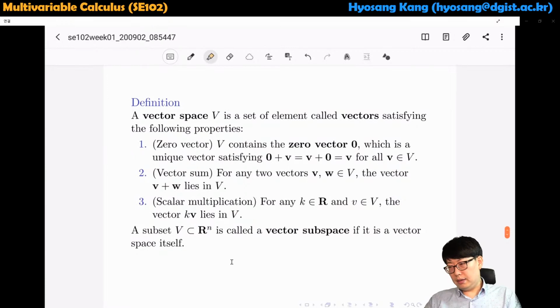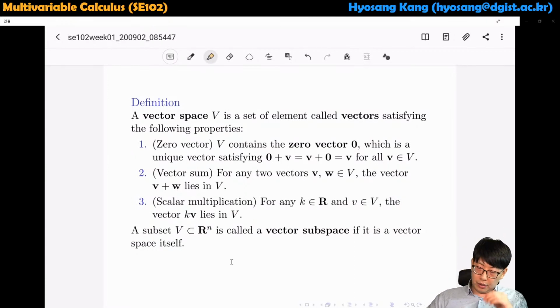So let's finish off by stating the general definition of vector space. So far we talked about vectors and matrices and some properties of matrices, and let's go back to the original definition of vectors. I used the vector as an n-tuple of real numbers, but in fact anything can be vectors.